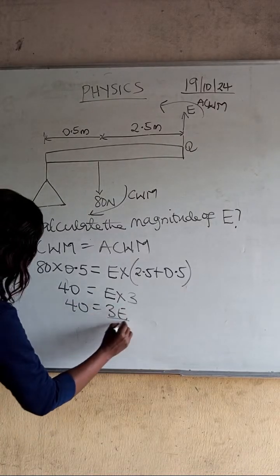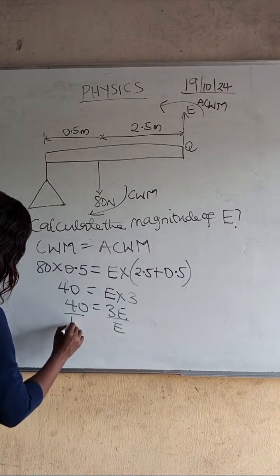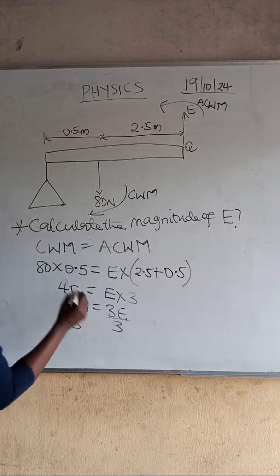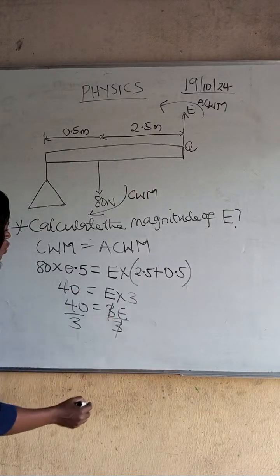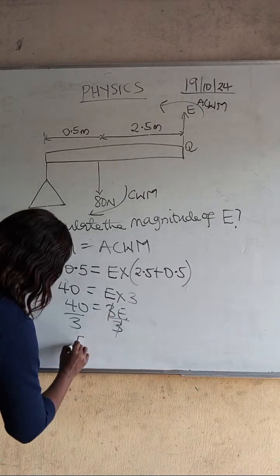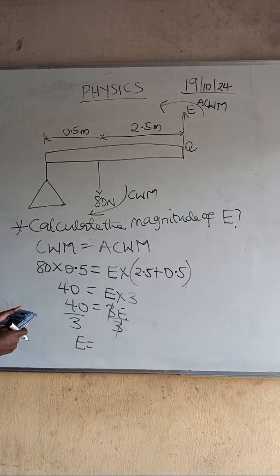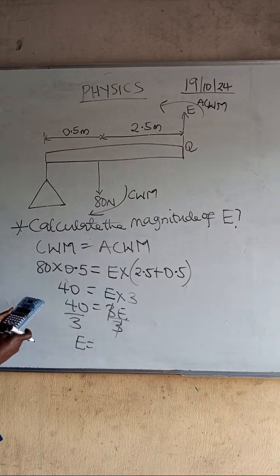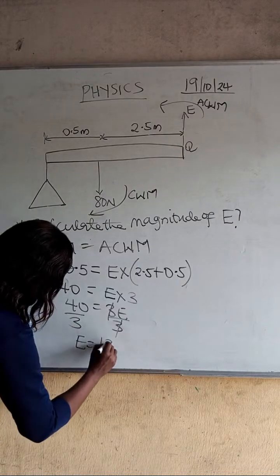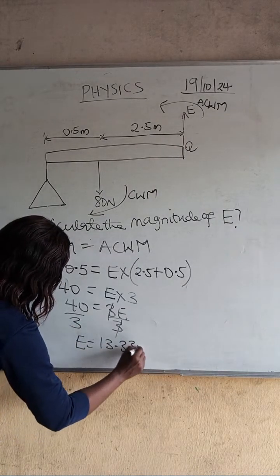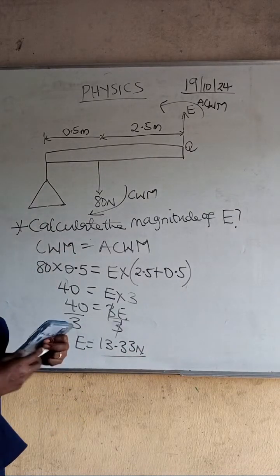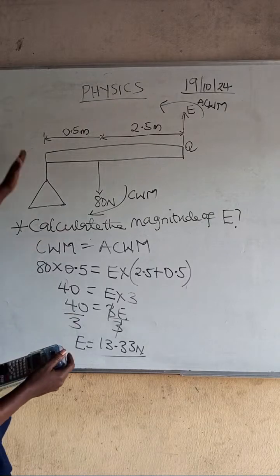Now let's divide both sides by 3 to get the coefficient of E. This cancels, we will have E equal to 40 divided by 3. So my answer becomes 13.33 Newton. So this is how we can solve this kind of problem.